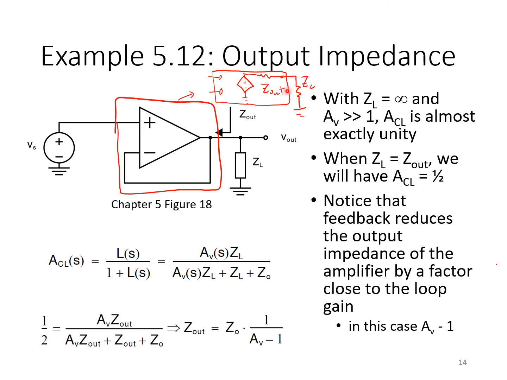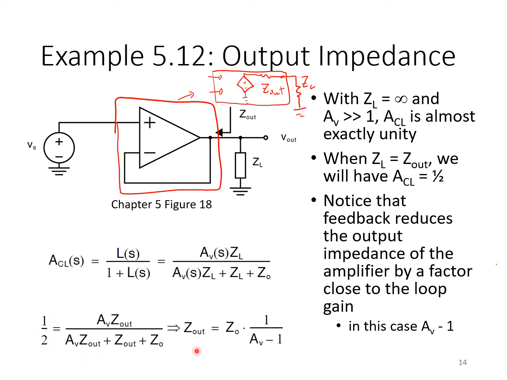So we can make use of that fact, both in analysis and in simulation, to find the output impedance. We simply solve for the case where the gain is 1/2 of the value that we expect to observe when ZL is infinity. So in this case, we take our expression for the closed loop gain and solve for the Zout that would result in that gain equaling 1/2.